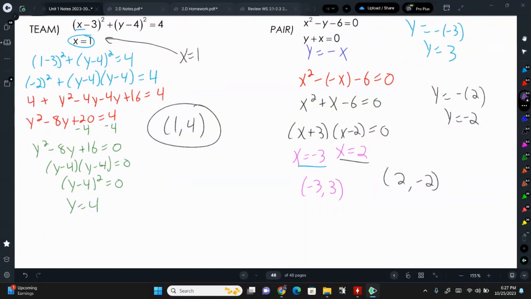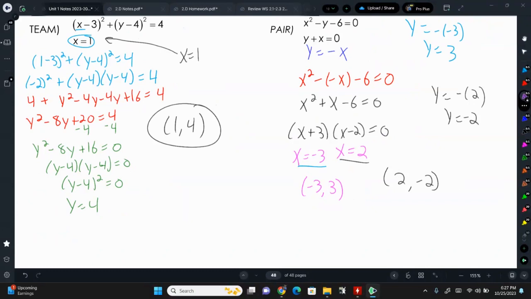In the second problem, once you substituted in negative x for y, you got x squared plus x minus 6 equals 0. You can factor that to x plus 3 times x minus 2. So your solutions were x equals negative 3 and x equals 2.